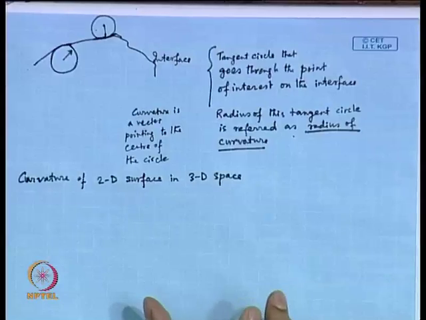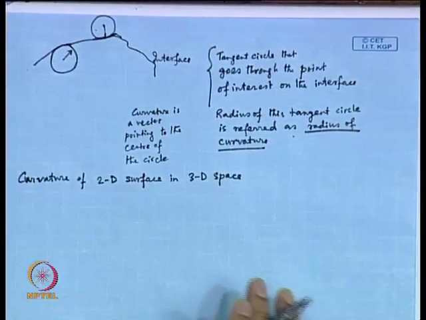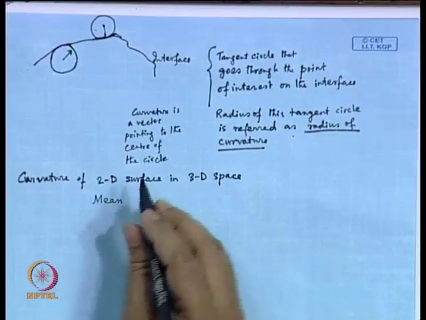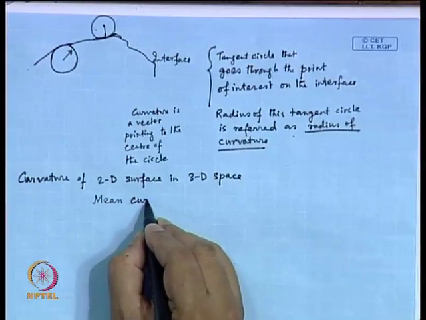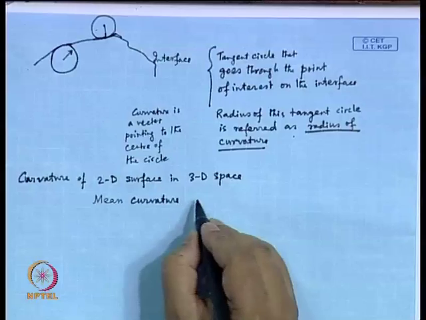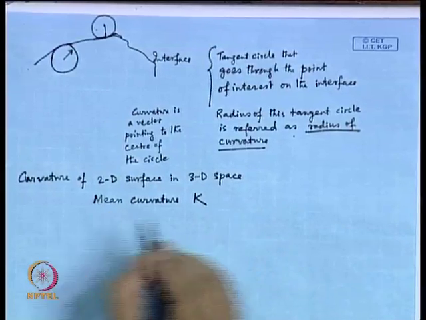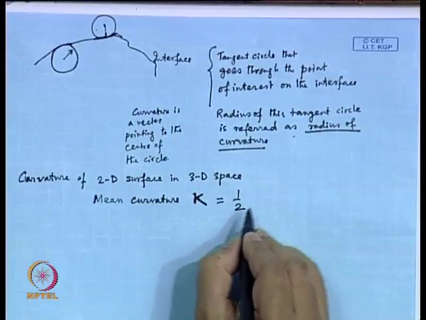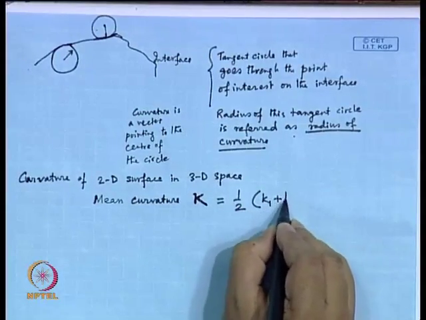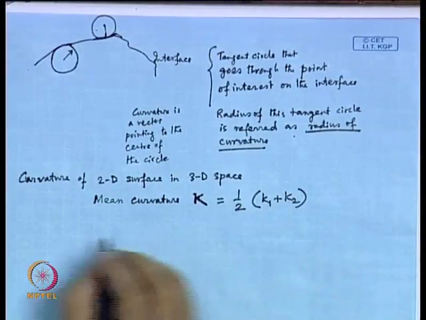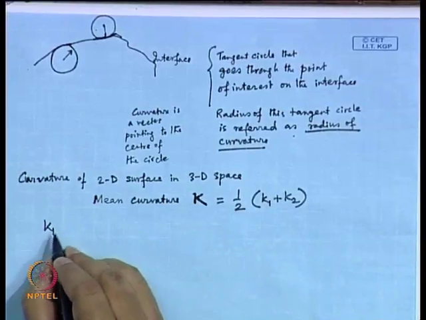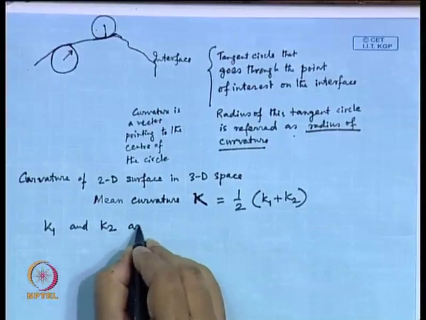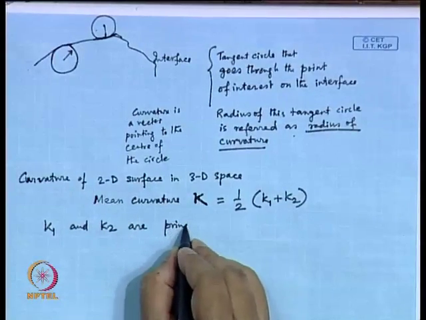Basically, what you write here is something called a mean curvature, which is given by this term, let us call it this k, which is equal to half of k1 plus k2, where these two quantities k1 and k2 are principal curvatures.